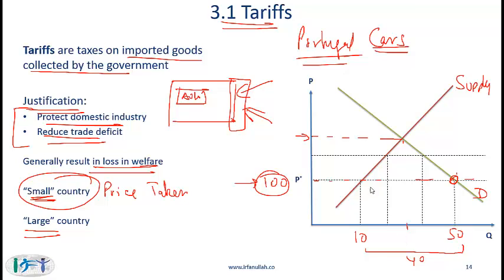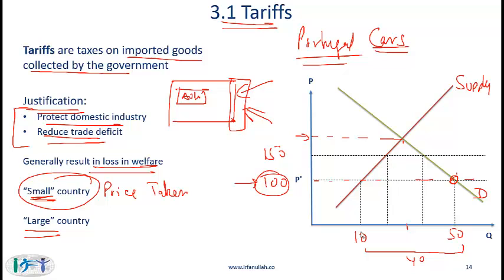The government sees these imports and decides to impose a 50% tariff. If that happens, then the price of cars in Portugal becomes 150, because the consumer is paying 100 plus effectively the 50 tariff. So his price is 150.